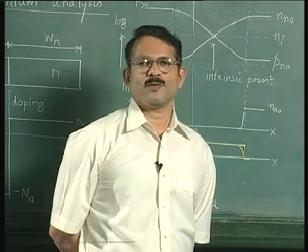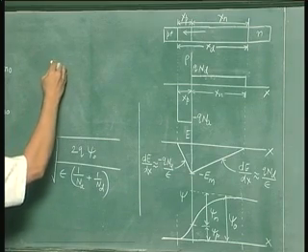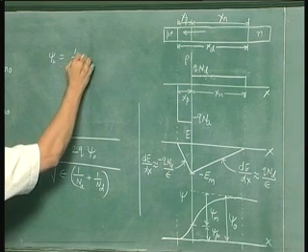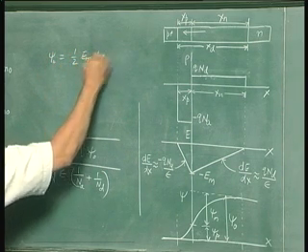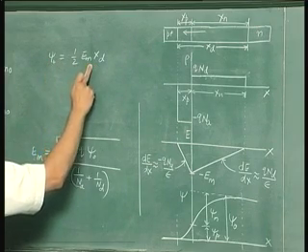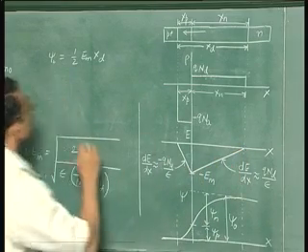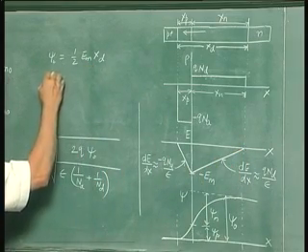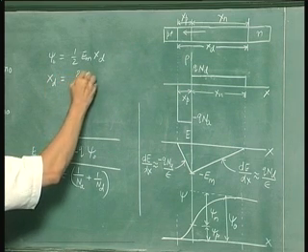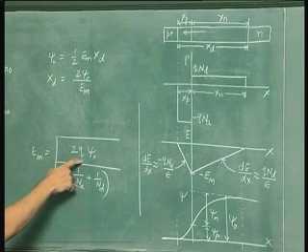Now let us get a formula for xd. Now this formula can be easily obtained using the equation psi naught is equal to half of Em into xd. That is, psi naught is nothing but area under the electric field picture. So this distance is xd and this is a triangle. So using this you obtain xd is nothing but 2 psi naught by Em. But Em is already available here.